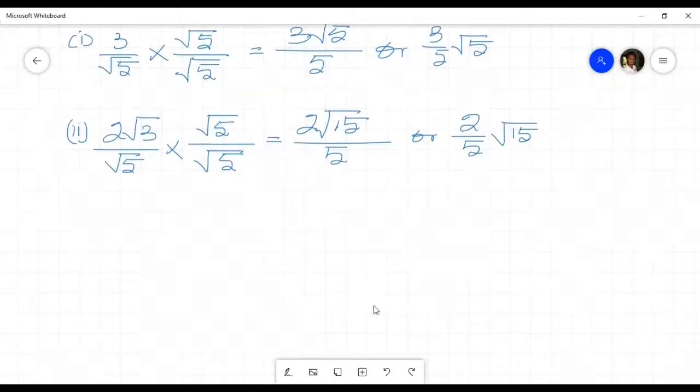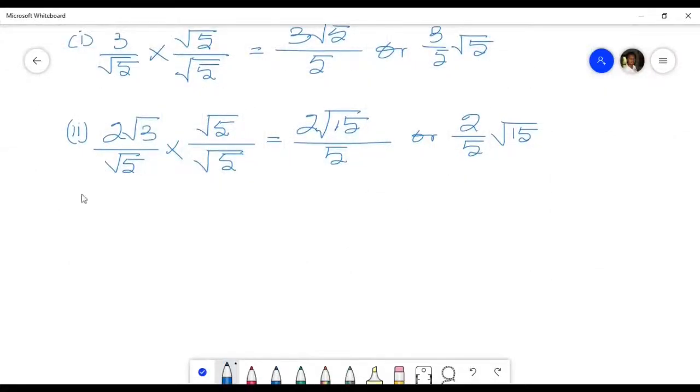And the third question is 1 divided by root 3 minus root 2. What we have to do here is multiply with the conjugate of the denominator.